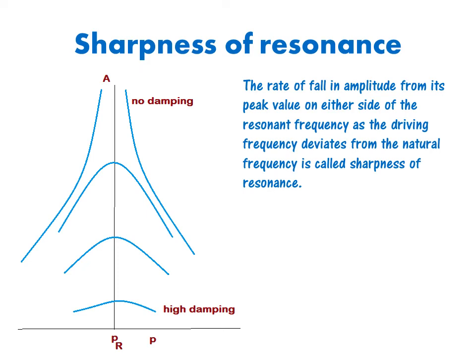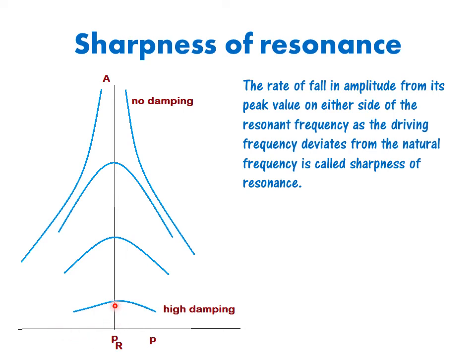If you plot the amplitude as a function of angular frequency of the driving force p, you will be getting a graph like this. Here we have taken the resonant frequency PR, and on the right hand side the driving frequency is increasing from PR, and on the left hand side the driving frequency is decreasing from PR.